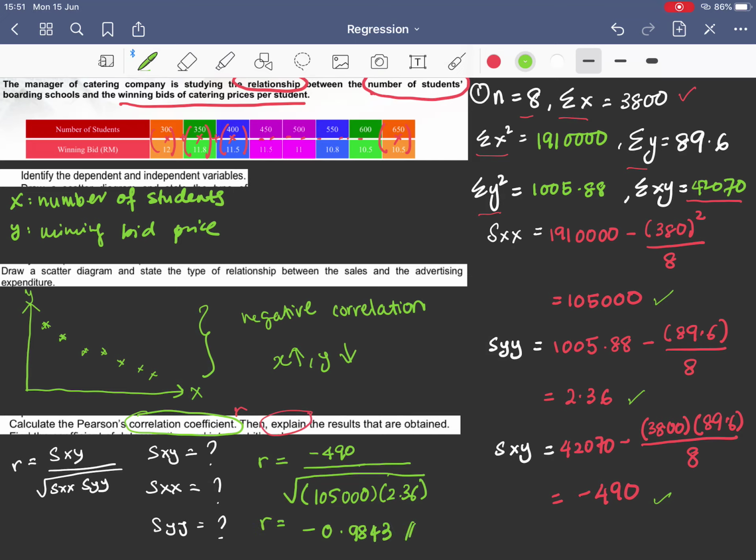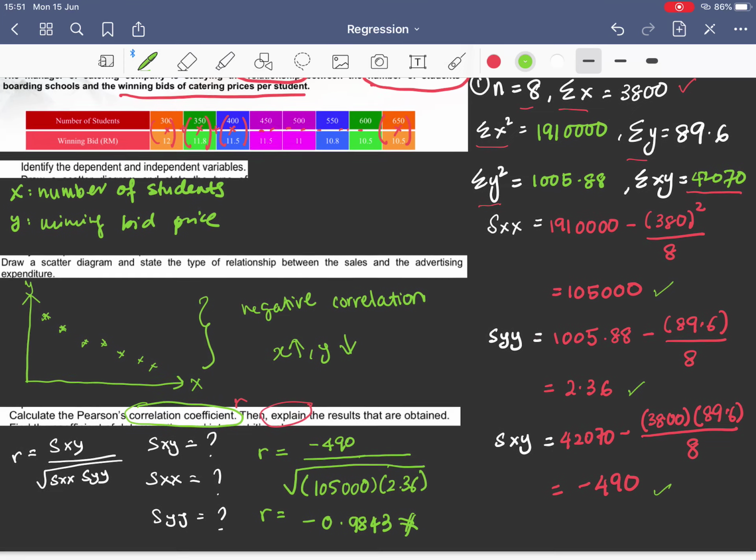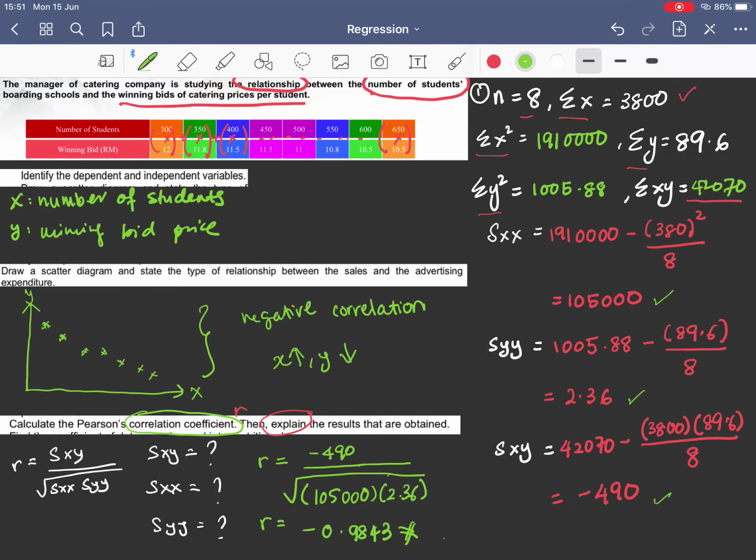So this is your R, the correlation coefficient. So how to interpret? Negative, strong negative correlation. Okay, done. So you may check the answer with your calculator.